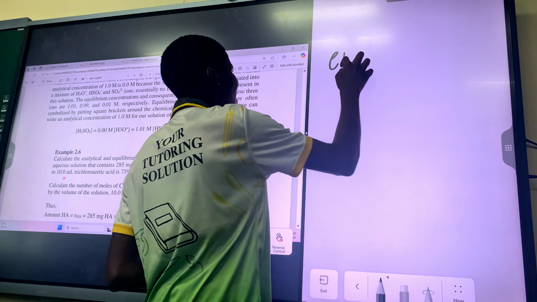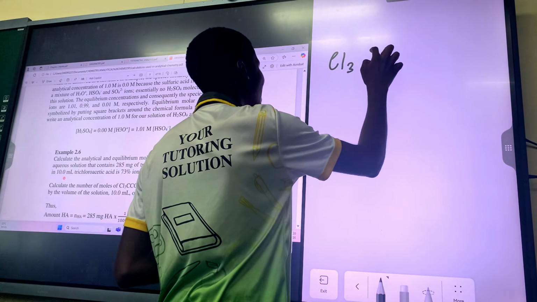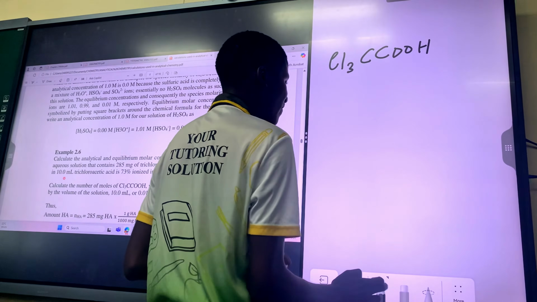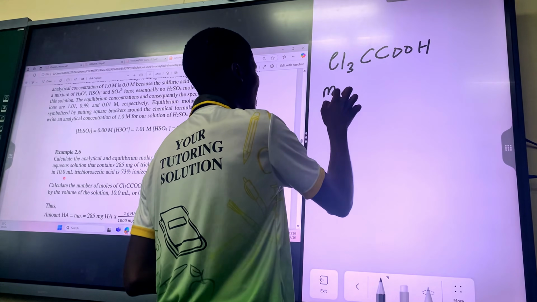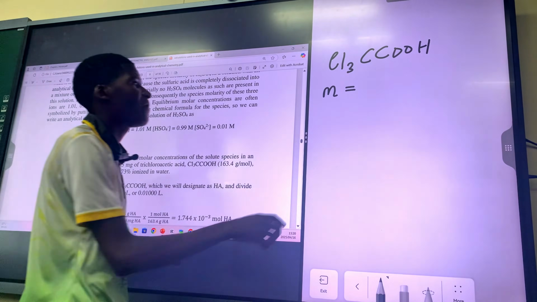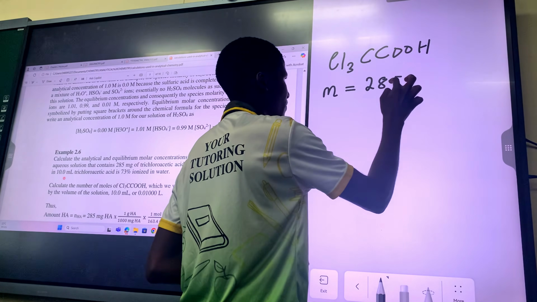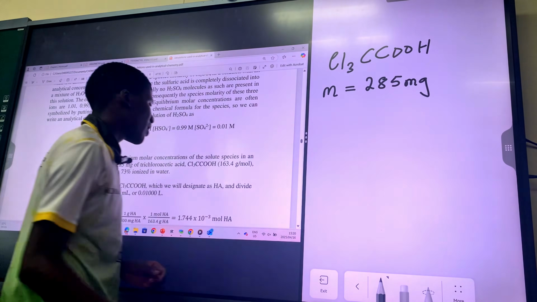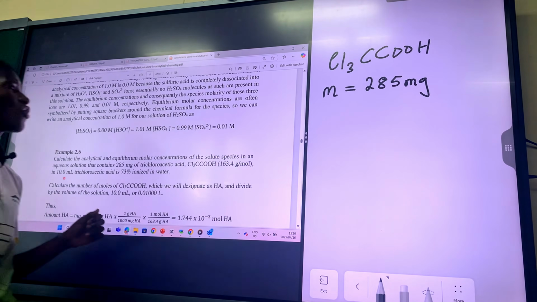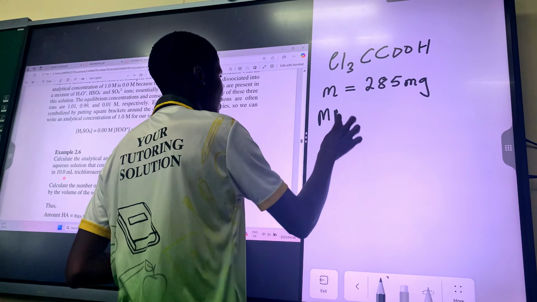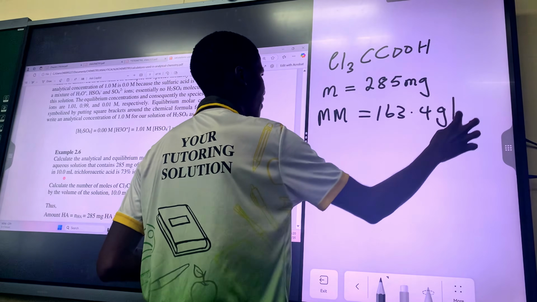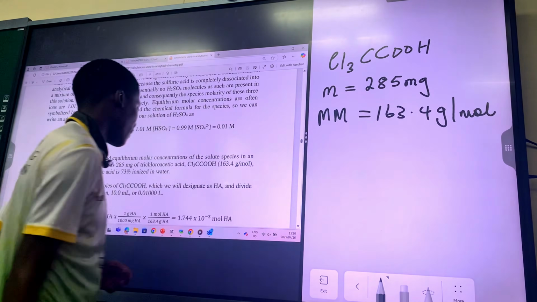Trichloroacetic acid is given by Cl3CCOOH. The mass of trichloroacetic acid is 285 milligrams, and we've been given the molar mass to be equal to 163.4 grams per mole.